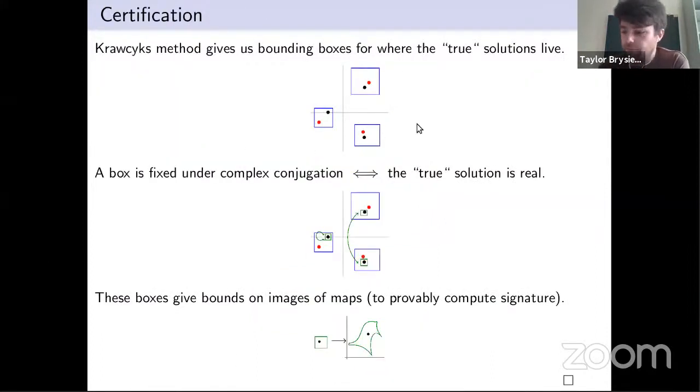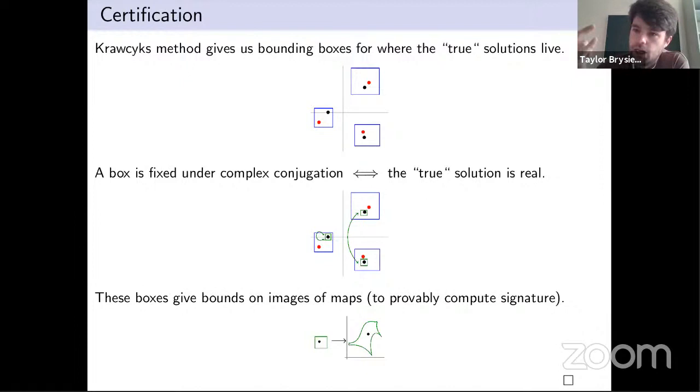So this is just a repetition of what I just said. You get bounding boxes for where the true solutions live. You apply conjugation to see which ones are real. And then if you want to find, for example, the signature of the matrix corresponding to your true solution, you can do this by looking at the values of the principal minors.